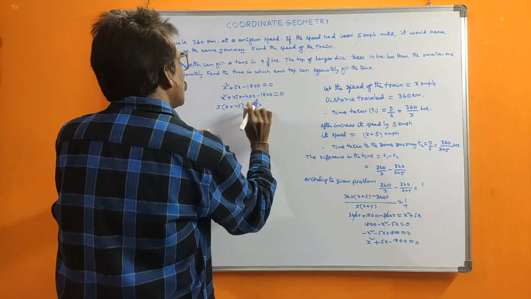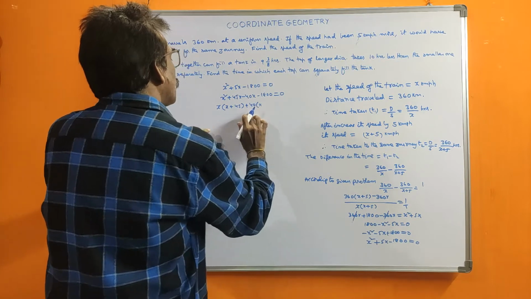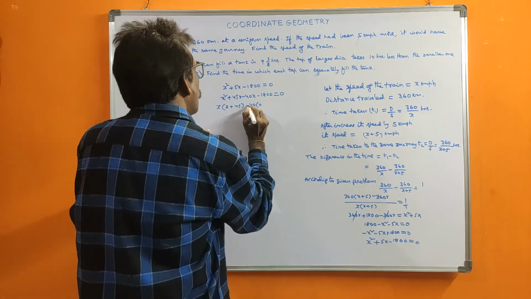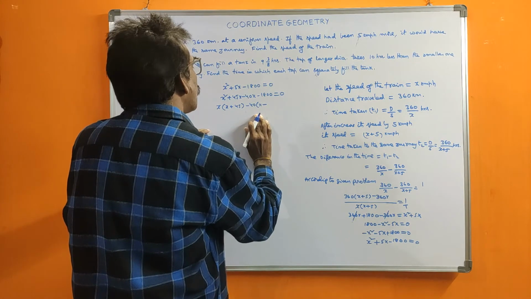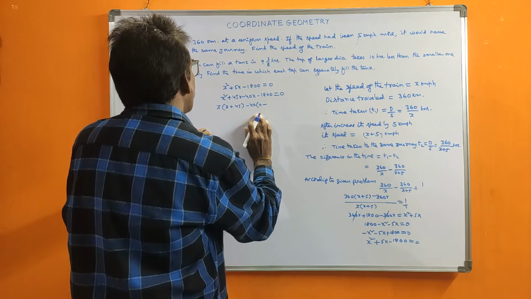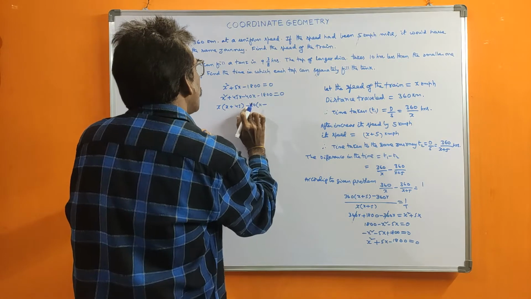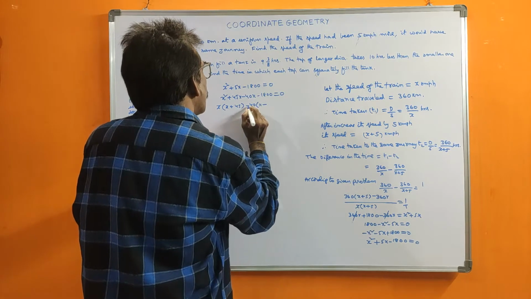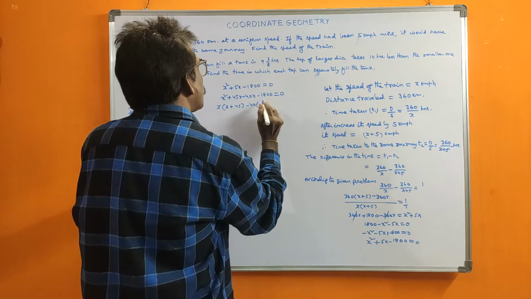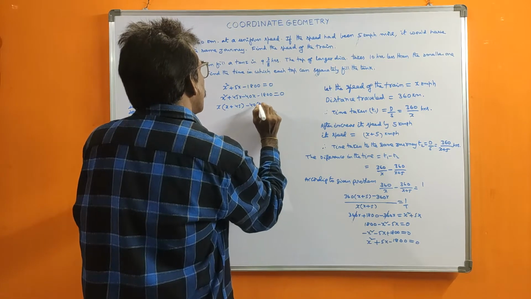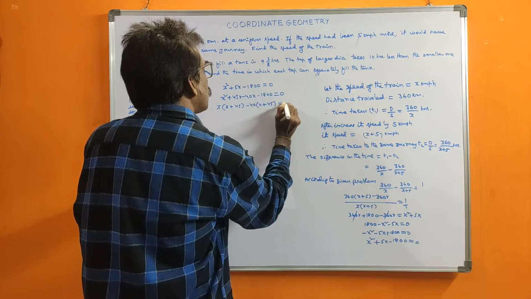Now x into x plus 45, minus 40 into x plus 45, is equal to 0.